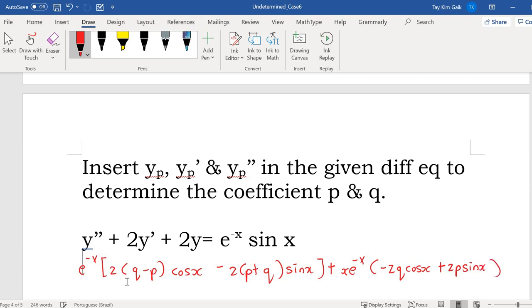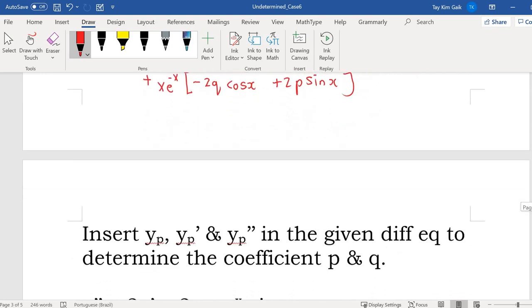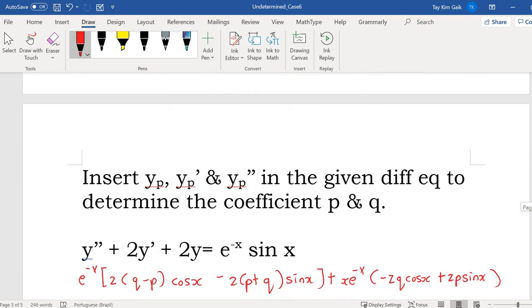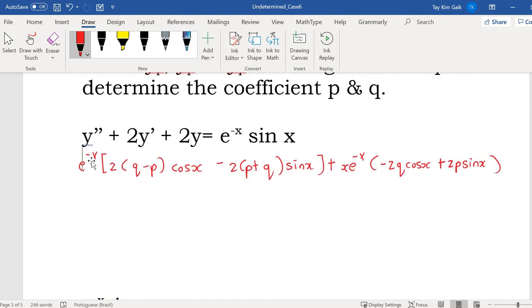Okay, checks. 2q minus p cos x, minus 2p plus q. So this minus 2q plus 2p. Okay, so this is for y double prime.